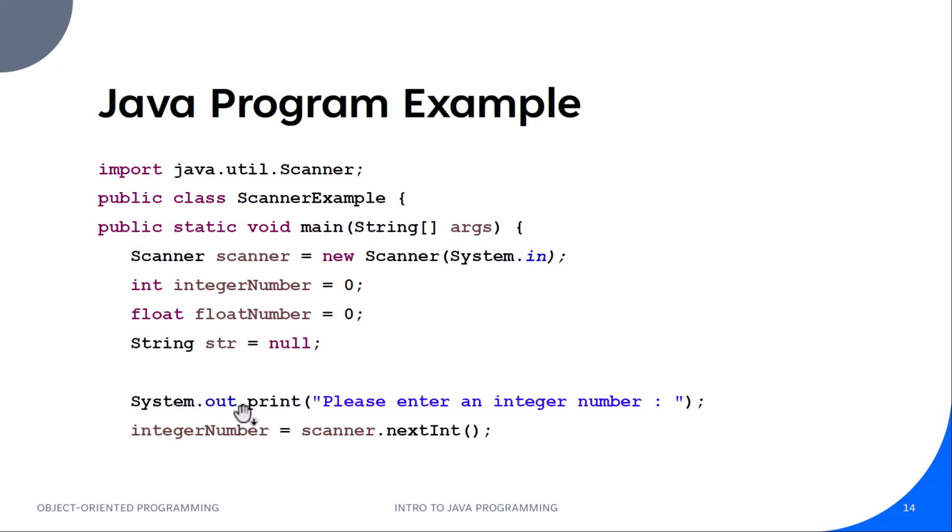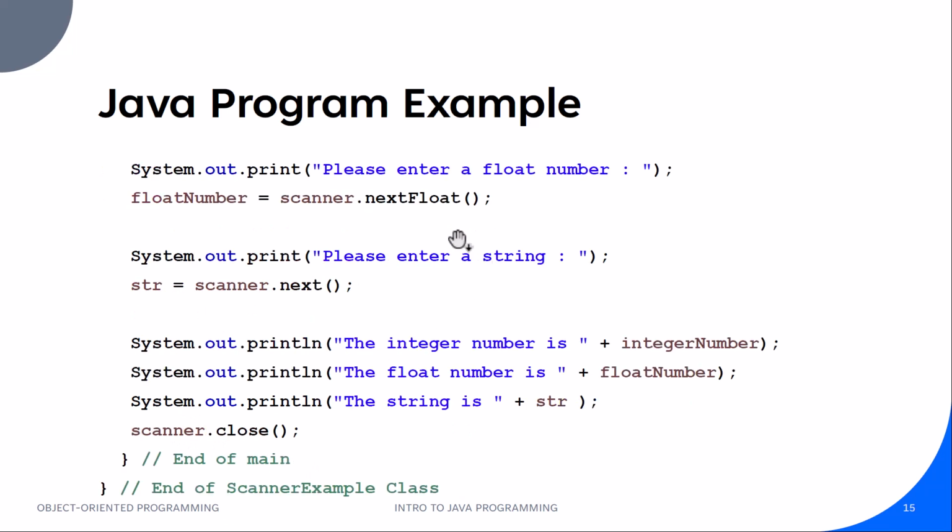And here I'm outputting "please enter an integer number," and then I'm getting the integer using scanner.nextInt and assigning that input to the integer number. Similarly, I'm getting a float and assigning that input to a float number variable.